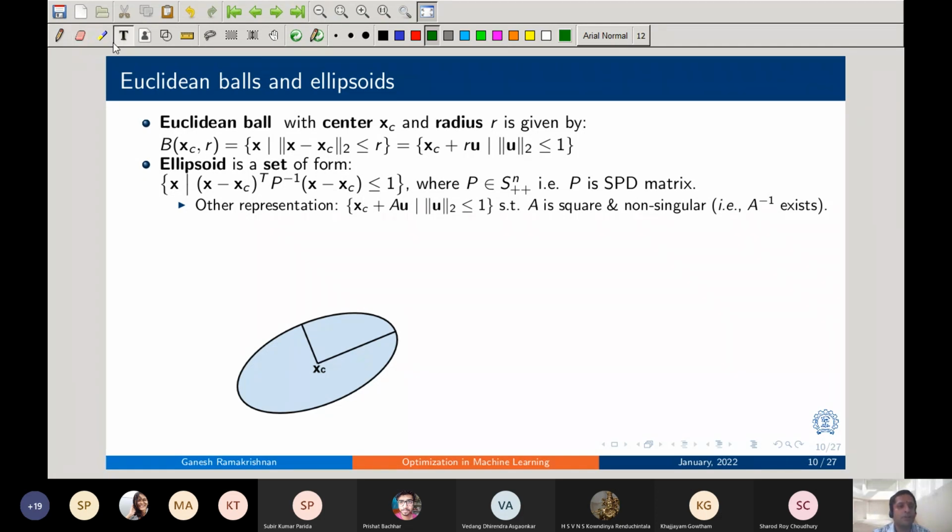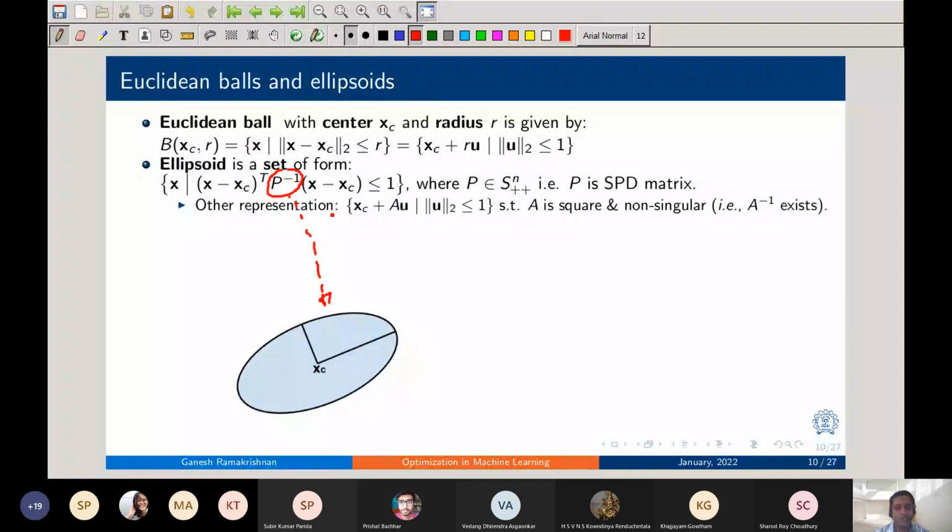And what is this P inverse doing here? P inverse is basically a positive semi-definite matrix, but geometrically we can understand it as inducing both scaling and rotation.